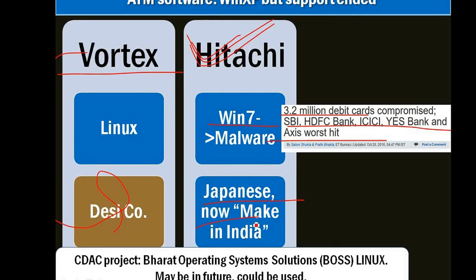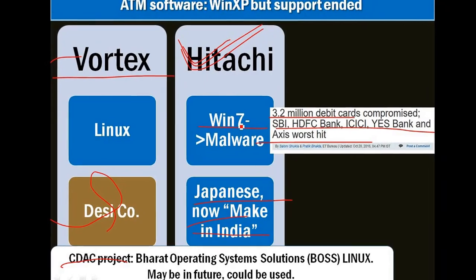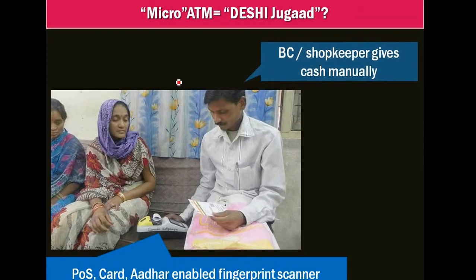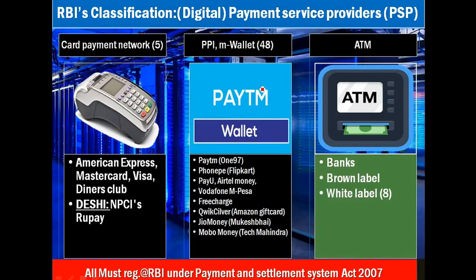We also have a company called Vortex, which uses Linux systems in ATMs, and Vortex is an Indian company which runs ATM services. Another ATM service provider is Hitachi, which uses Win7, and it is a Japanese company.